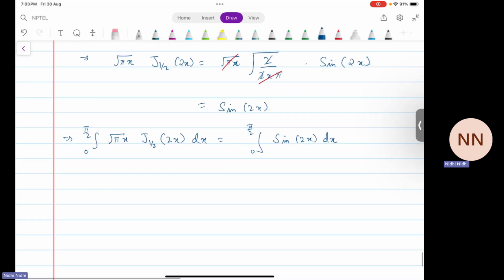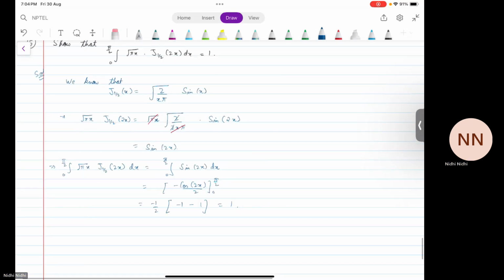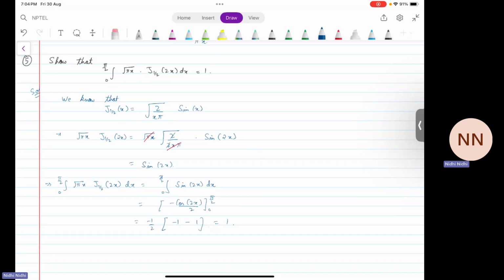Now we know that the integration of sine x is minus cos 2x by 2, from 0 to pi by 2, taking minus 1 by 2 outside. Cos pi is minus 1, minus cos 0 is 1. So we have 1. If you have any doubt in this question, please let me know.